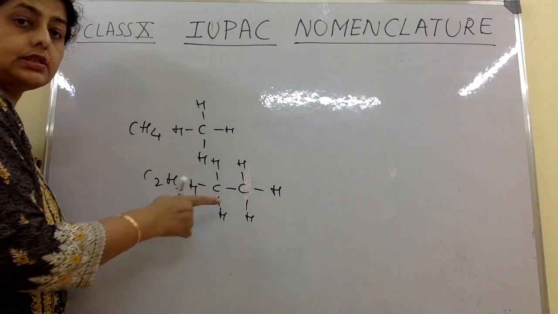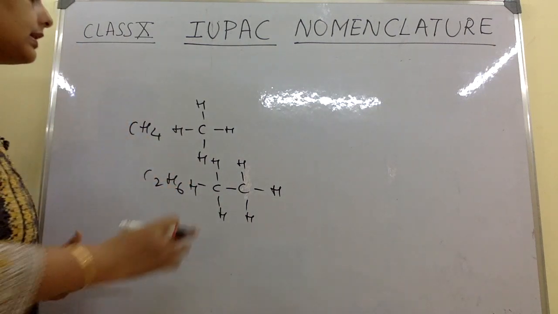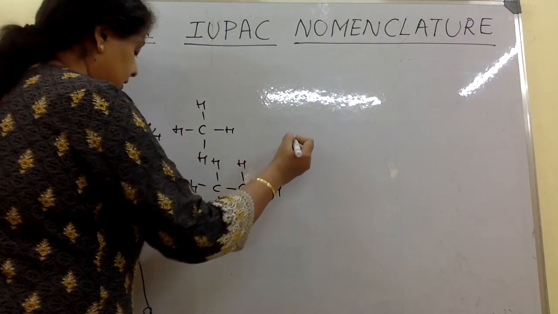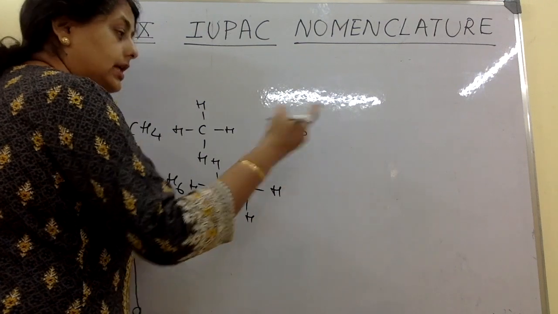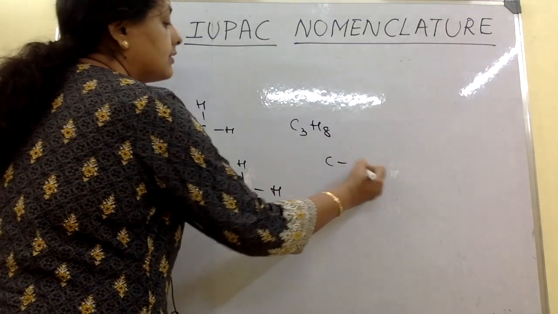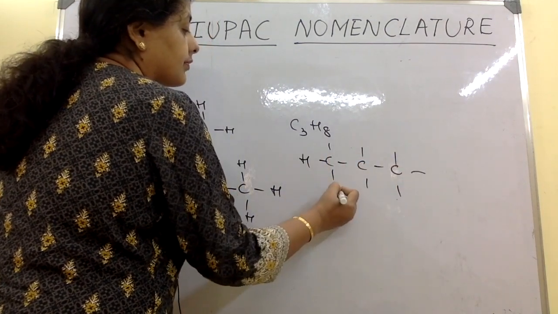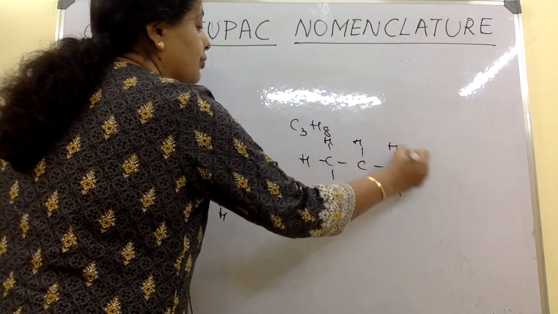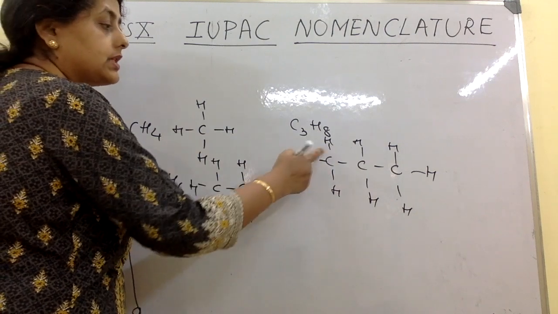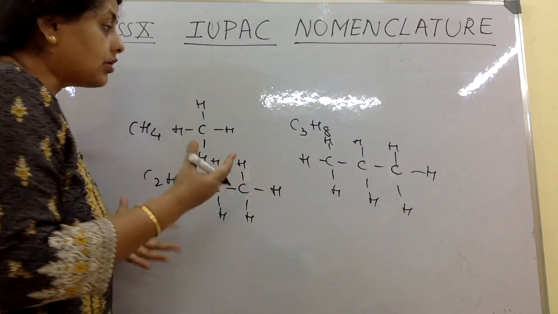I have 6 hydrogens, that is C2H6. Then C3H8, that is propane, C3 and H8. Since carbon has valency 4, every time we'll have 4 of these lines. So this is C3H8.